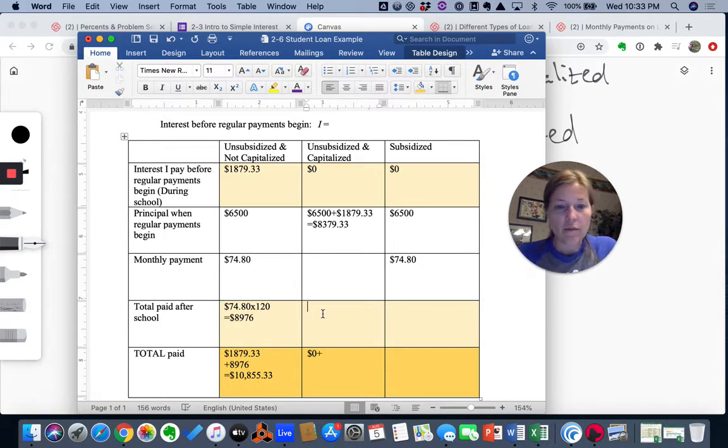We figured it in the last video, our monthly payments were $96.43, and I'm paying that 120 times. So all those monthly payments together, that's how much I'm paying. I didn't pay anything while I'm in school. So actually that $11,571.60, that is the total.